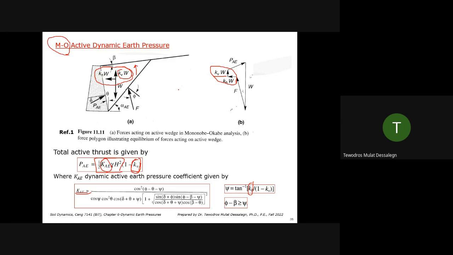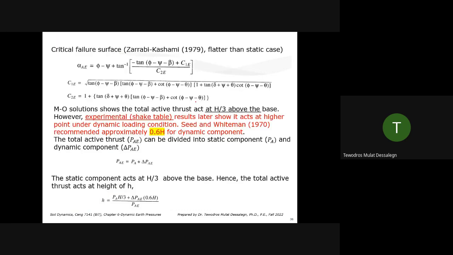Since you are already familiar with the static method, the dynamic method, especially the Mononobe-Okabe active dynamic earth pressure, is pretty similar. Just incorporate the seismic coefficients. And the critical failure angle includes the seismic coefficients. And the coefficients C2E and C1E are provided similarly.